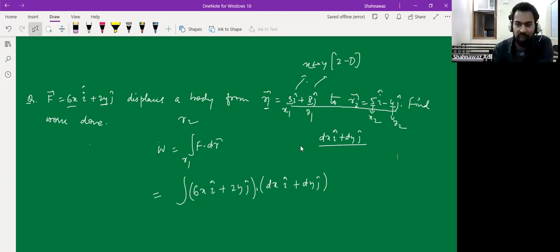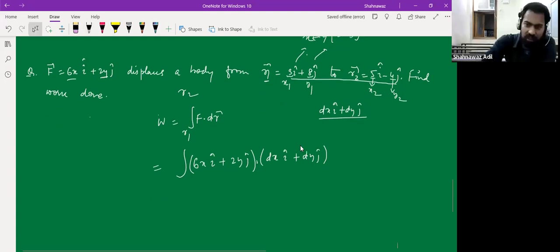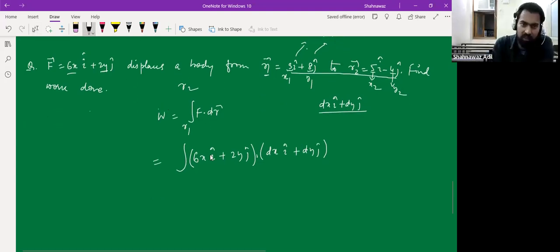So in the integral only the i and i will survive. So this will be 6x dx, and this survives, and this gets cancelled, 0, 2y dy, right?